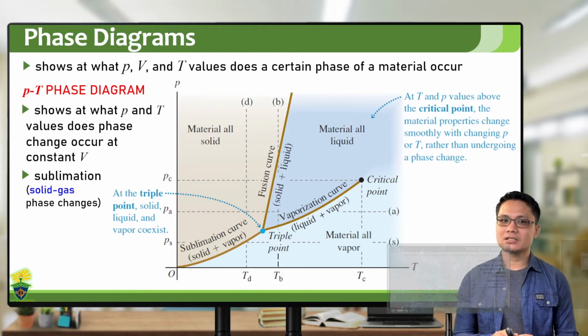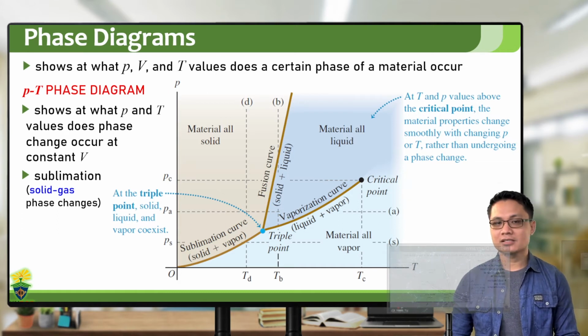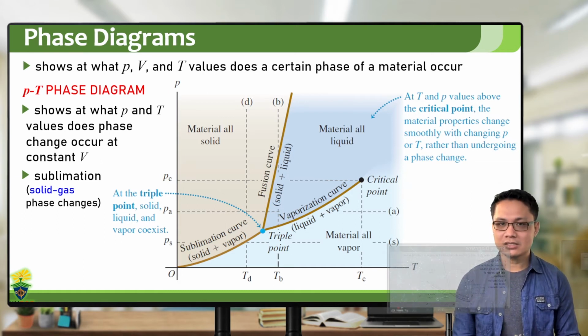And there are these very important curves which signify the relationship between the values of pressure and the values of temperature at which these phases would coexist.